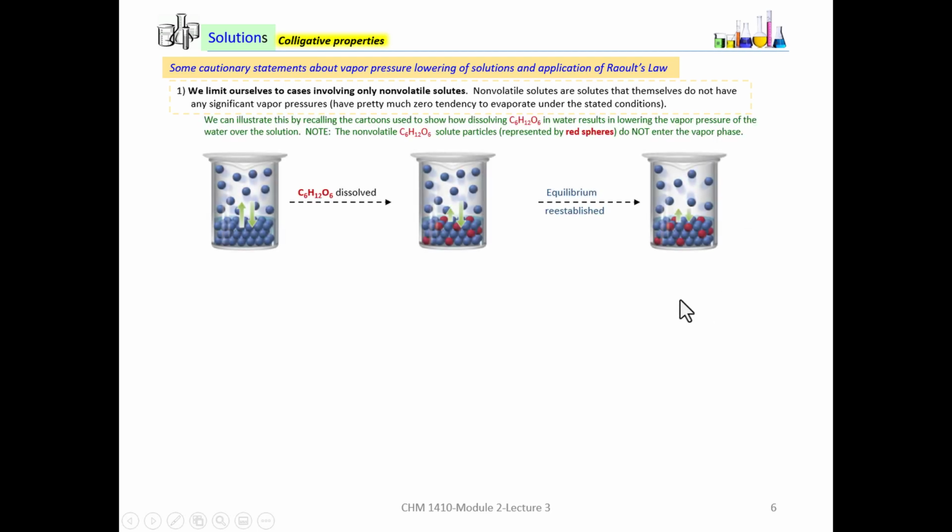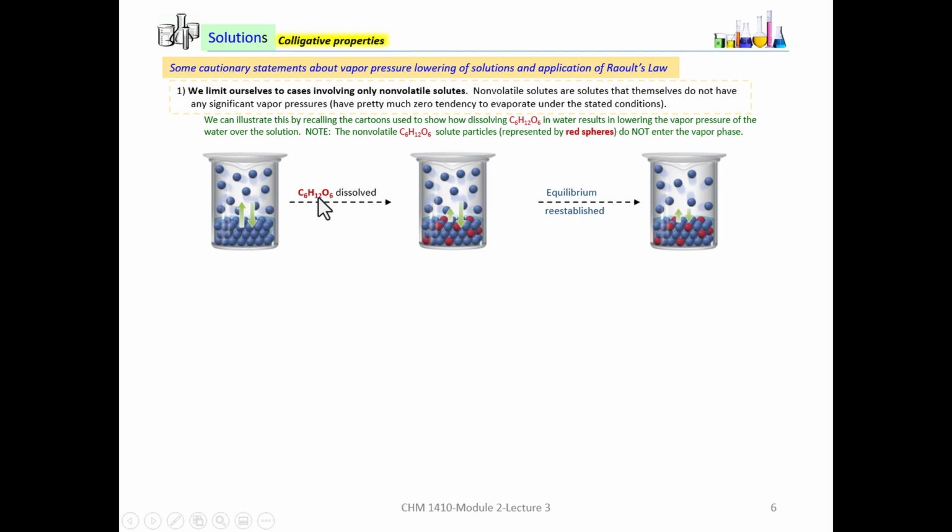We can show this with our cartoon of glucose dissolving in water. If you recall, we had a beaker of pure water with liquid water in equilibrium with water vapor.